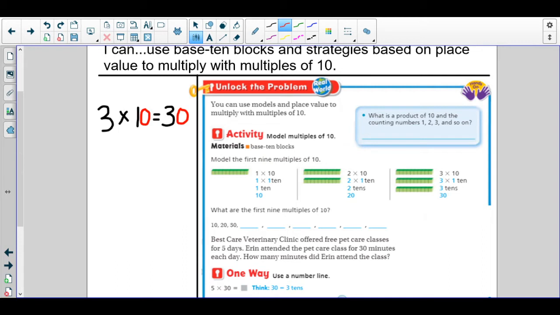You can use models and place value to multiply by multiples of 10. So what is a product of 10 and the counting numbers 1, 2, 3, and so on? All right, what is the product of 10? So just like over here, what is a variable? All right, we don't know what that variable is going to be. And then when we multiply that by 10, what do we get?